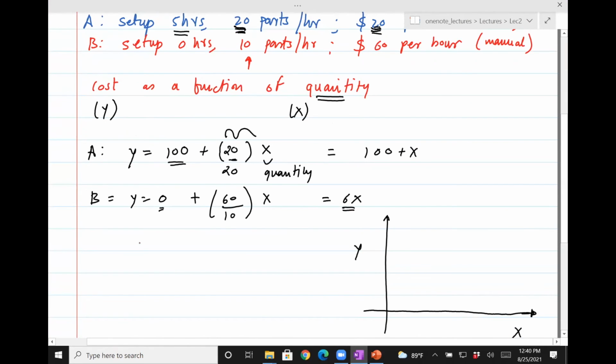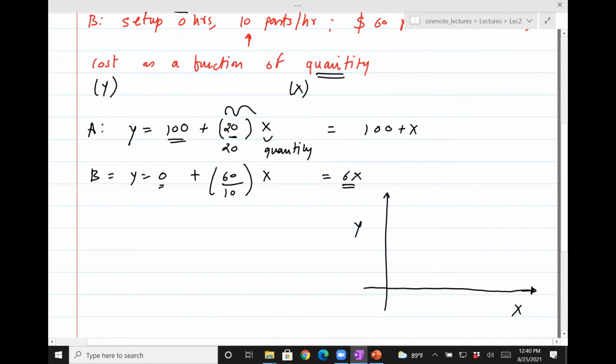This line Y equals 6X passes through the origin, and it'll have a slope of 6 divided by 1. So it'll be 6 on the Y, 1 on the X. So that is Y equals 6X.